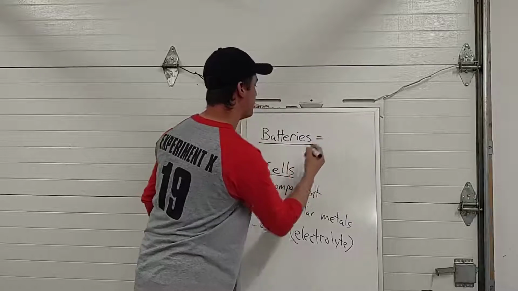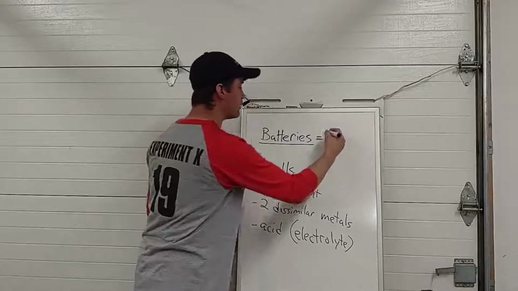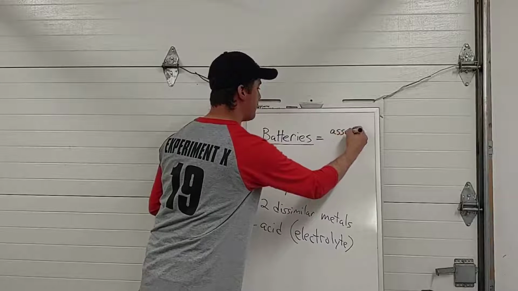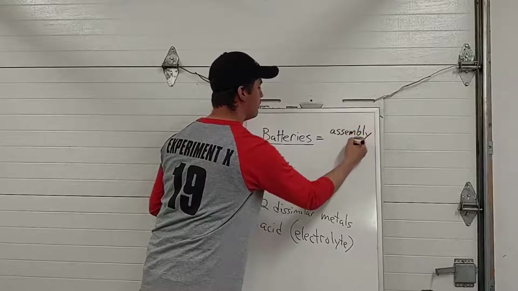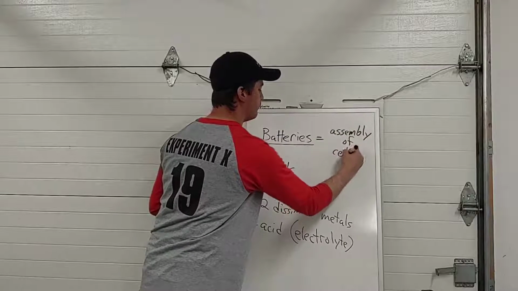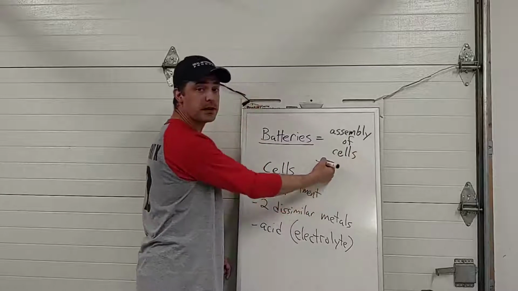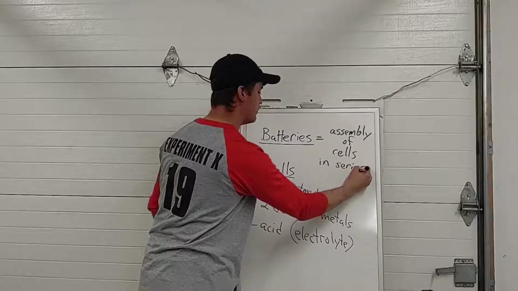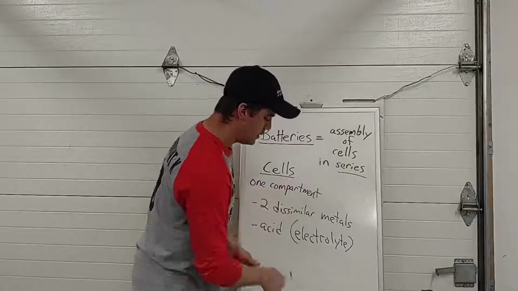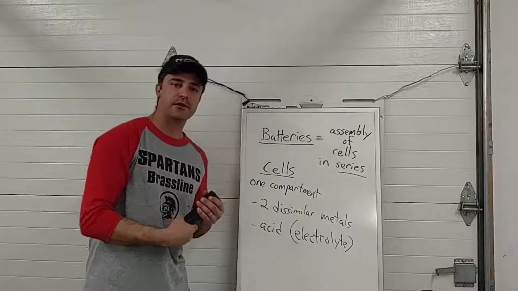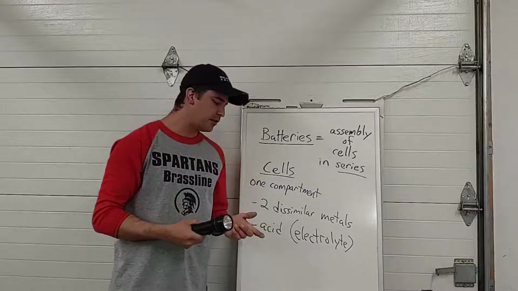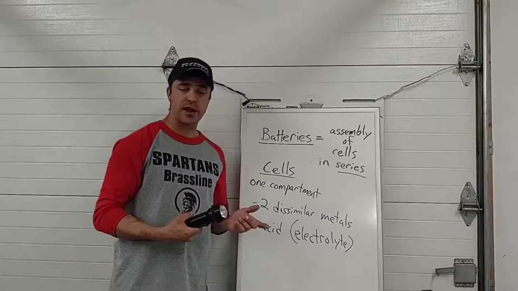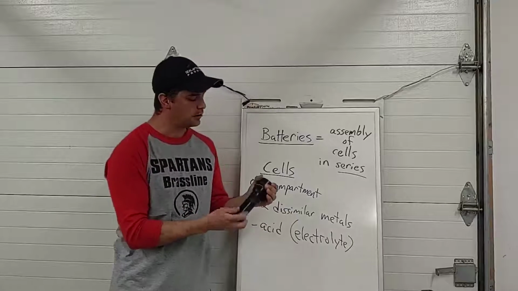The batteries are basically just assemblies of cells, and those cells are going to be connected in the battery in series. As we learned during our previous electrical lesson, when you connect things in series, the voltages of those things add up.